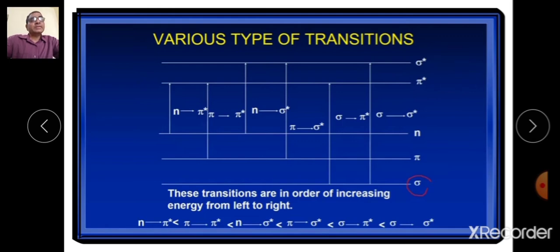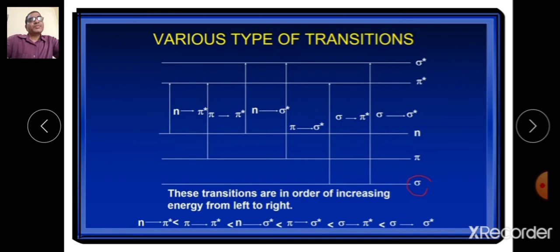Now let us see various types of transitions. The first transition I am showing is sigma to sigma star. The next one is sigma to pi anti-bonding, that is pi star. The next one is pi bonding to sigma anti-bonding, that is sigma star.